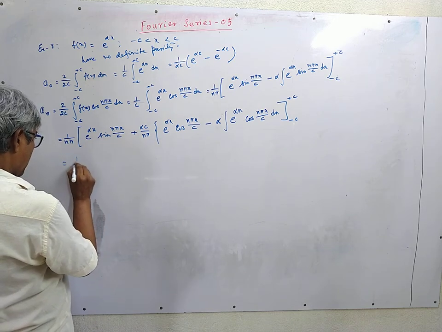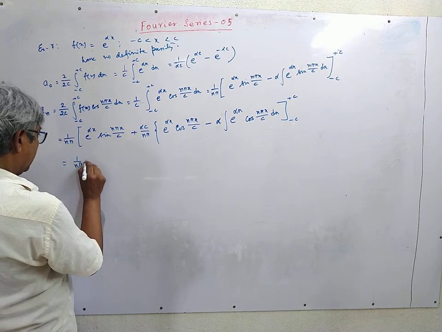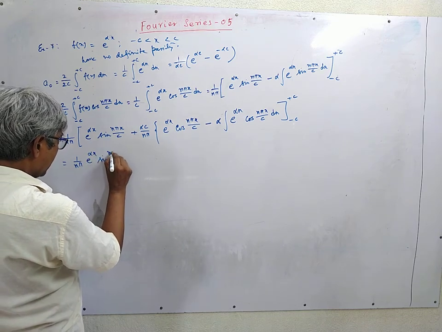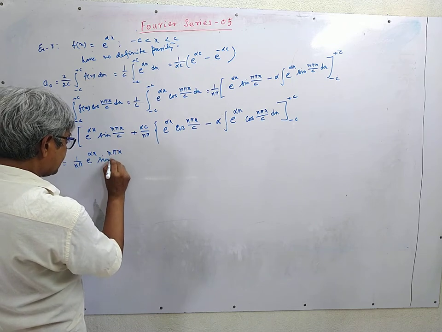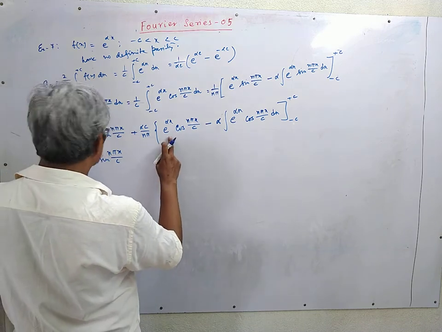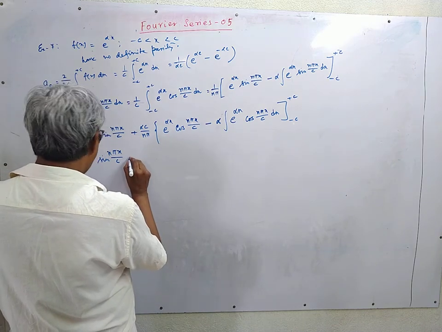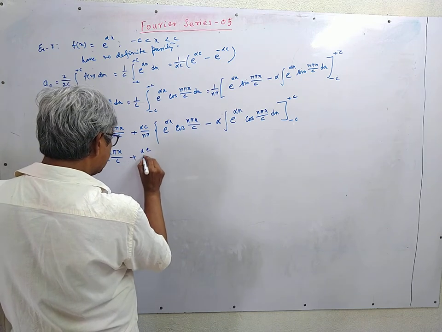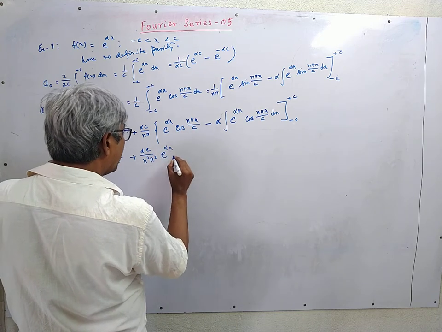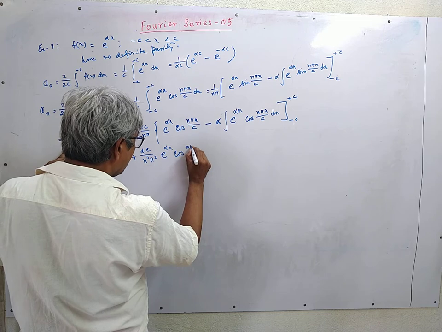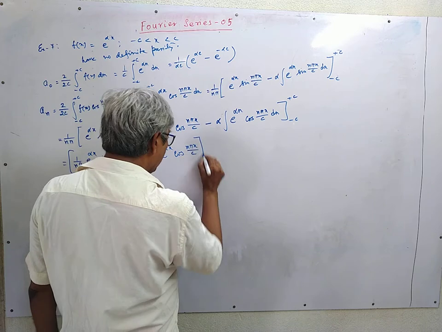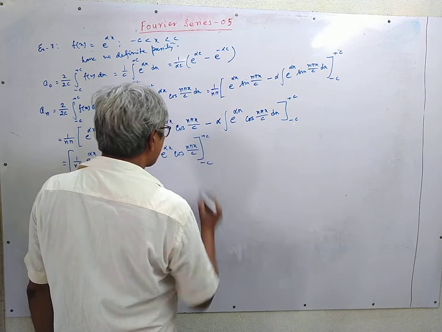This term has 1 upon n pi e to the power alpha x sine of n pi x by c, and this term has plus alpha c upon n square pi square e to the power alpha x cos of n pi x by c, both within the limit from minus c to plus c.